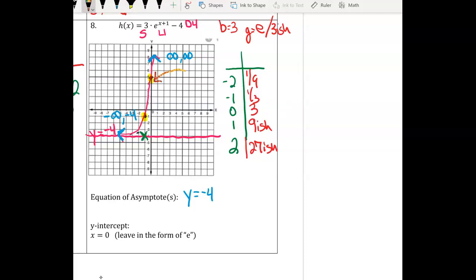So I'm going to go back to my equation, and for the y-intercept x is 0, so I'm going to put 0 in for x. And then I'm just going to simplify this. And when it says leave in the form of e, just simplify it as much as you can without using the calculator, basically. So this becomes e to the first.